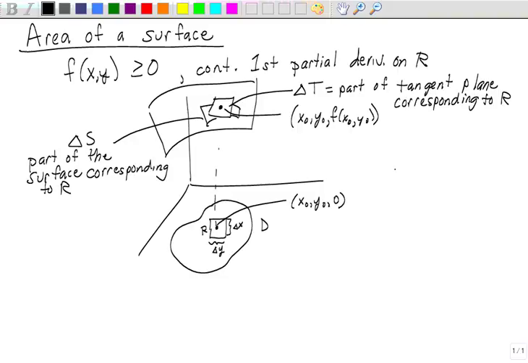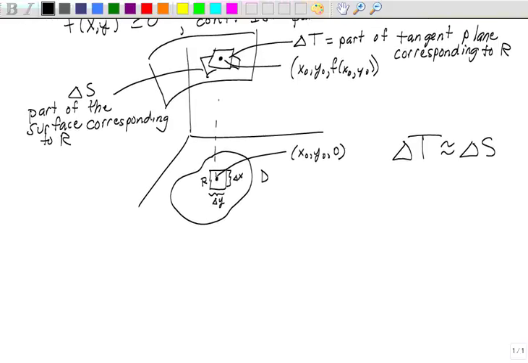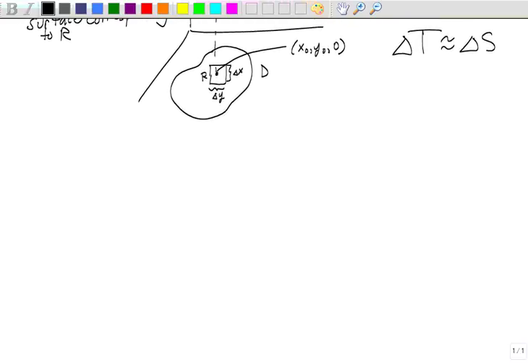And around that point, if you take the rectangle small enough, delta T is approximately delta S. So the surface is approximately the same as the part of the tangent plane, and that's almost like saying the tangent line in 2 dimensions is the same as the curve close to that point.